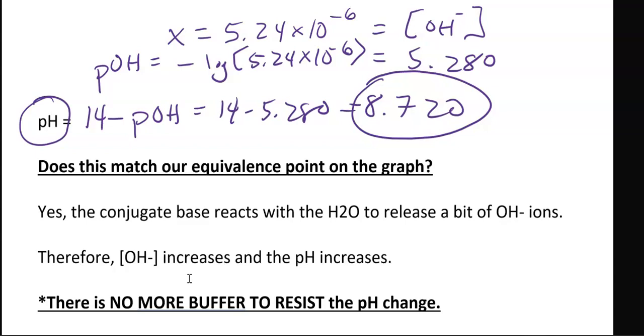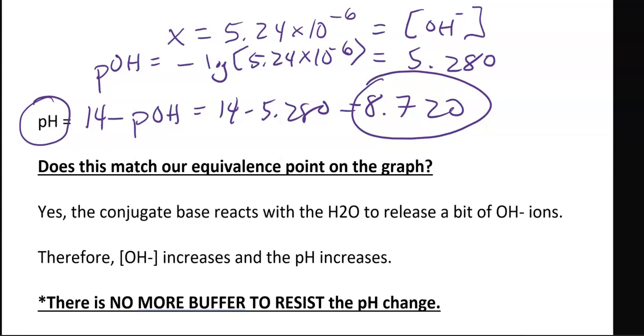The conjugate base is going to react with the water, and it's going to release some hydroxide ion. And since we have some hydroxide in solution, and there's no H plus at this current moment, or not a substantial enough amount to matter, since we have an increase of hydroxide, our pH is going to be higher, okay?